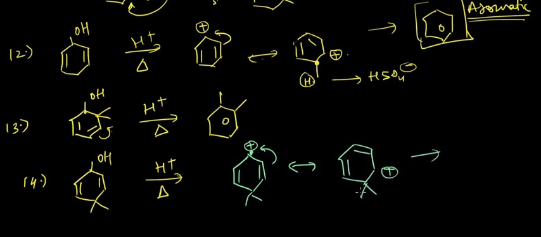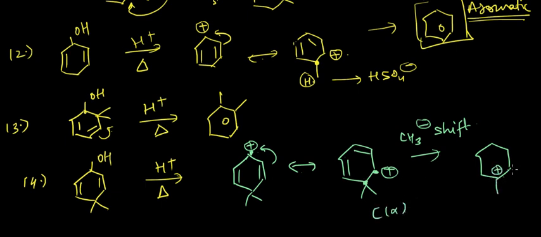Now CH3 minus shift happens here, because the number of alpha hydrogen here is 1 and only 1, and on this we can have alpha hydrogen as, how many alpha hydrogen are present here? 3, 4, 5 alpha hydrogen here, hence it will go in the forward direction.